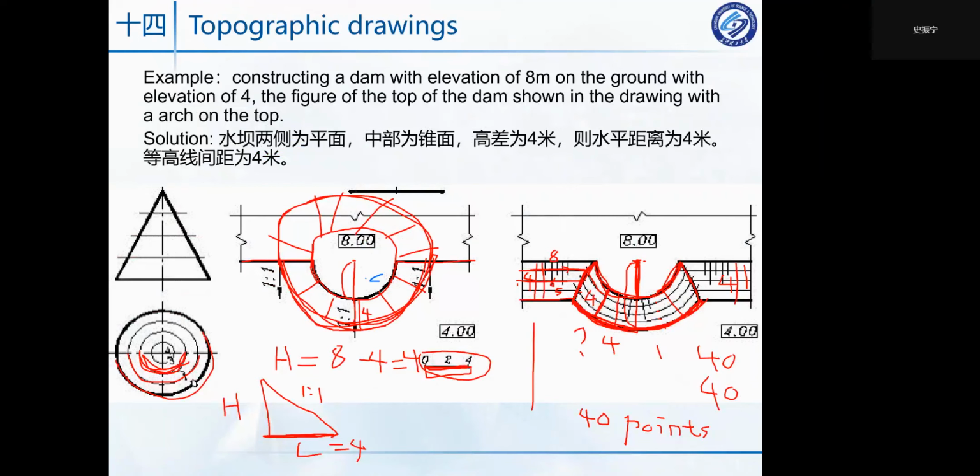So you have to keep a balance between the work and the accuracy. Okay, so that is the cone surface and the plane.